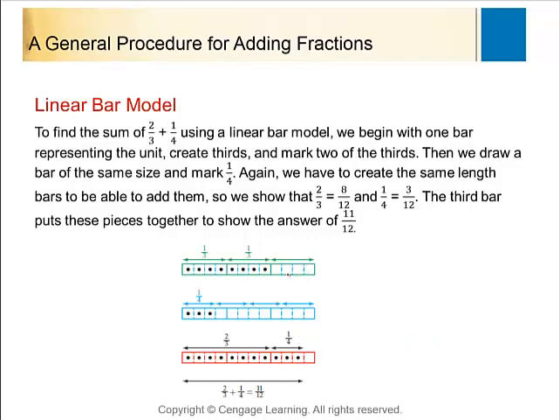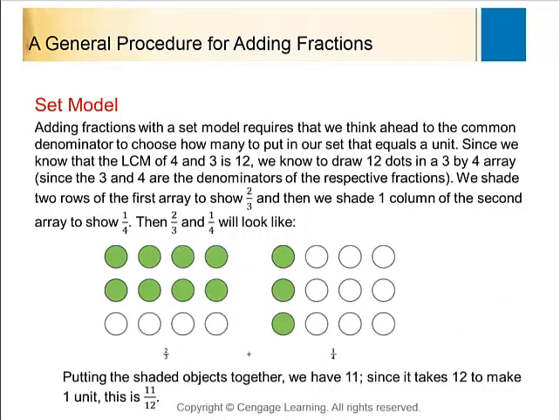But in essence I am, because I'm having to figure out 1/3 and 2/3 and 1/4, what their common denominator or their least common multiple is, and then I'm still counting. But anyway, they consider it a different model.